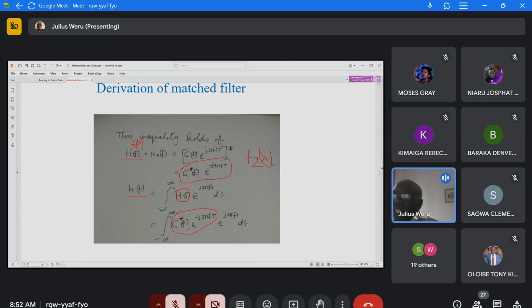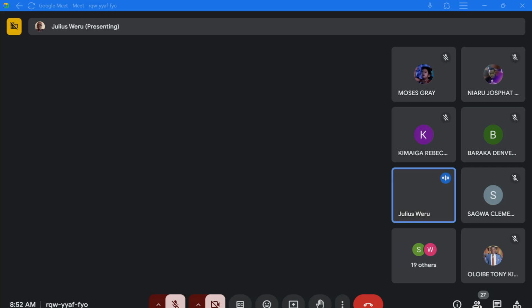We replace H of f with that, and then multiply with this. Of course, these formulas you are familiar with. Ideally, they're supposed to have 1 over 2 pi, but that is not important. It's a constant.